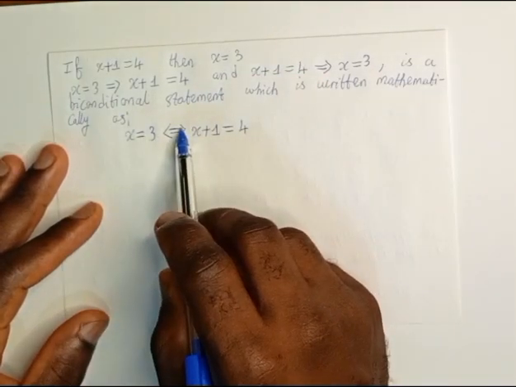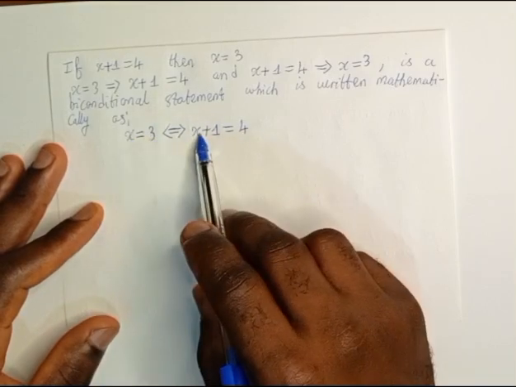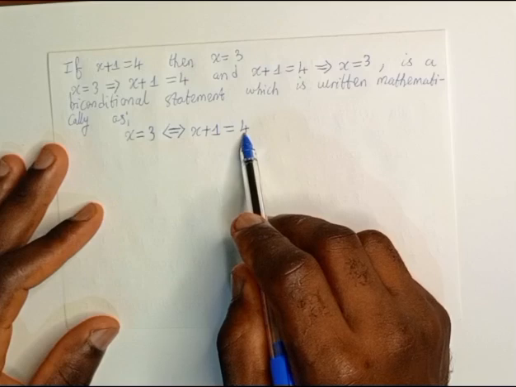The arrow to the right simply means from x equal to 3, then x plus 1 will be equal to 4.